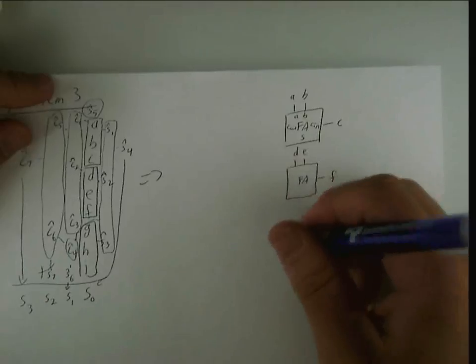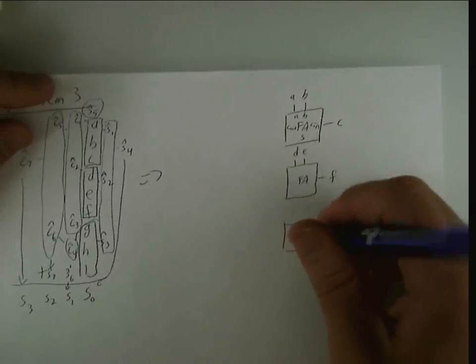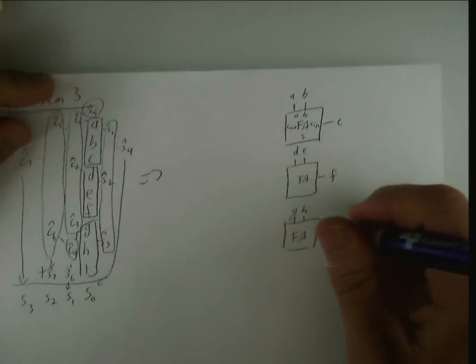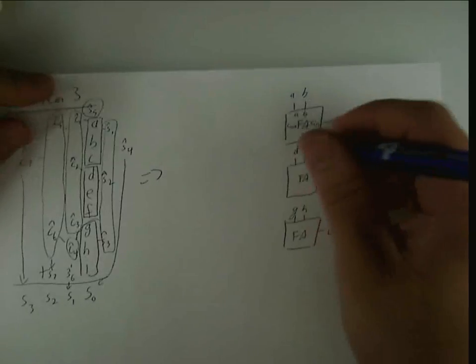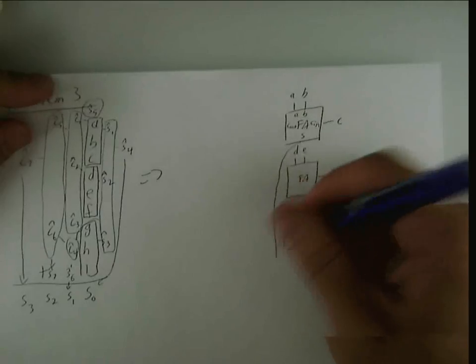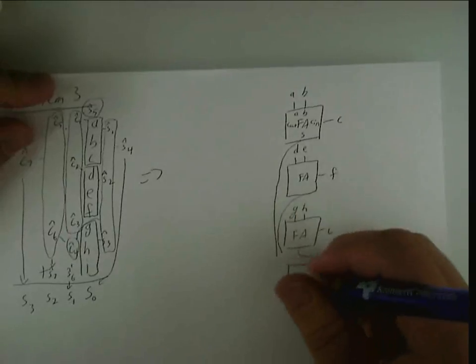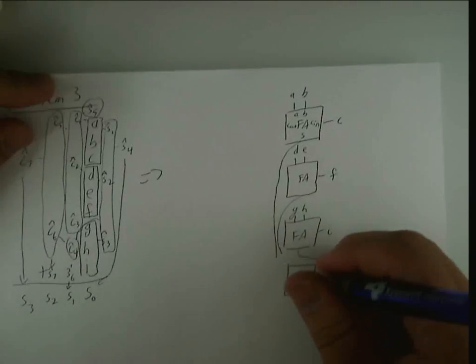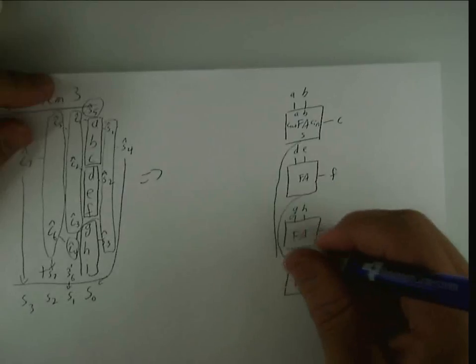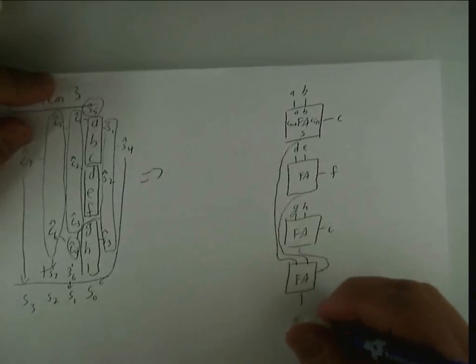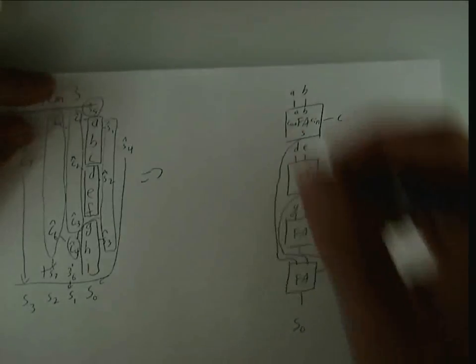And then I need another full adder box where I will put G, H, and I in, and I'm going to dump all these into another full adder, and output some bit 0.